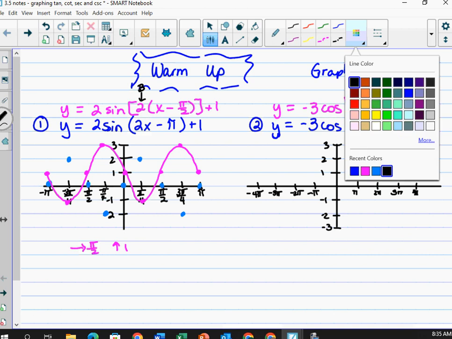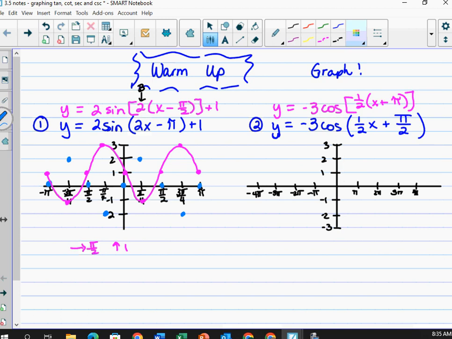All right, so I'm going to do -3 cosine. That's what I'm going to plot first. So instead of starting up at 1, where cosine normally starts, I'm going to start at -3, 0, +3, 0. Are you guys okay with me doing that stretch in the first step? Stretch and flip. -3 has been taken care of.